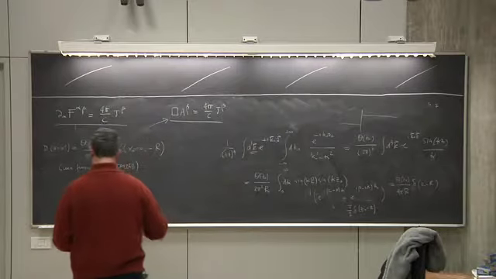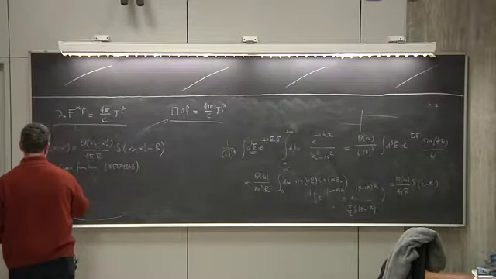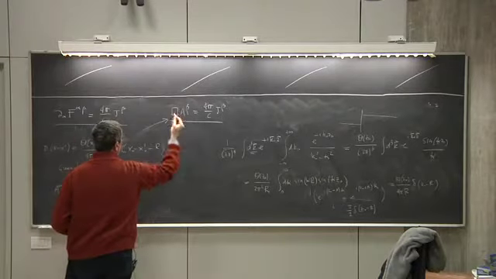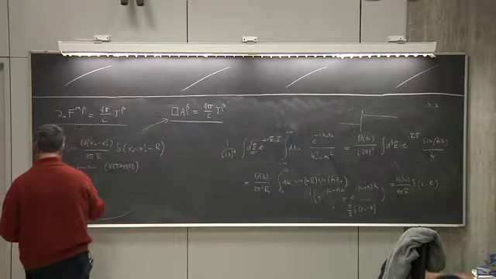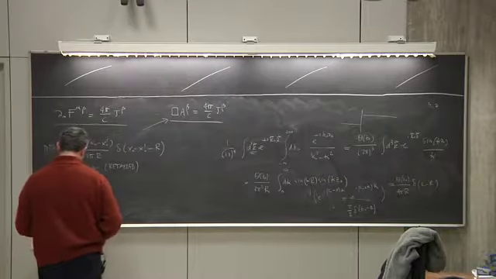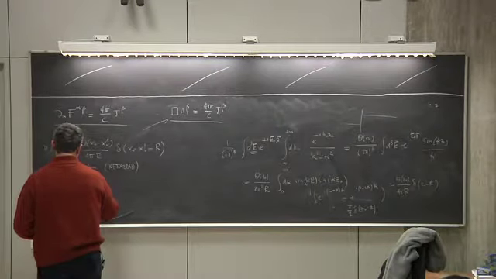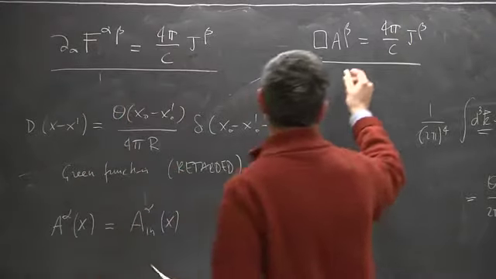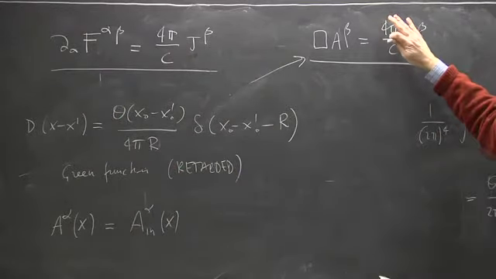And because I have the Green function, I can write the solution. So the solution, A alpha, let me call it, or A beta, is going to be what? It's going to be a generic solution of the homogeneous equation, the one in which you put 0 here.